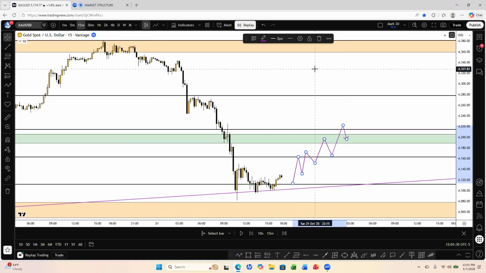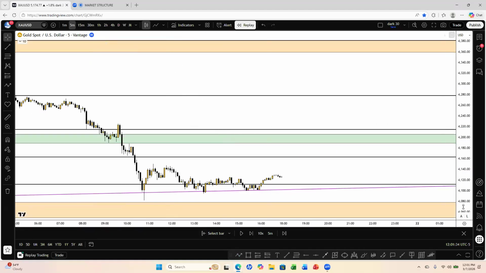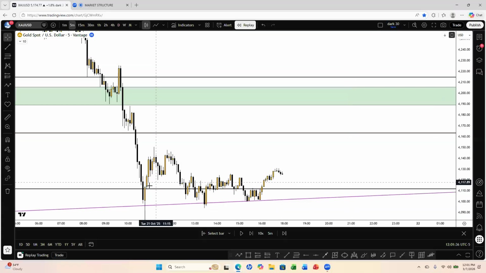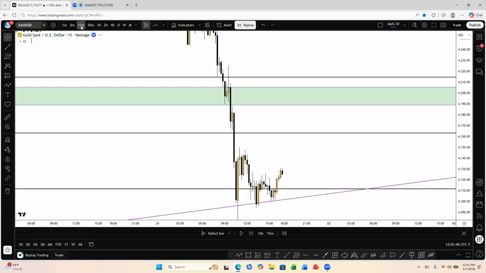Now, let's see, 5 minutes. It's really not doing nothing right now. Now we did get like a double bottom right here, slight breaker structure, but I don't like that just yet. So let's see.